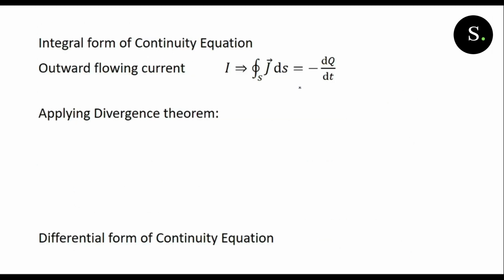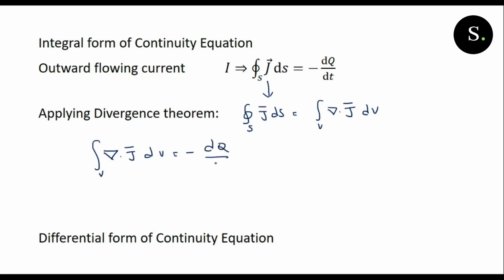Having explained the integral form of the continuity equation, let us now apply the Gauss divergence theorem on this expression. The Gauss divergence theorem states that the closed surface integral of any vector can be represented as the volume integral of the divergence of that vector. Making a simple substitution into the integral form of the current continuity equation, the divergence of current density is going to be the negative rate of change of charge.